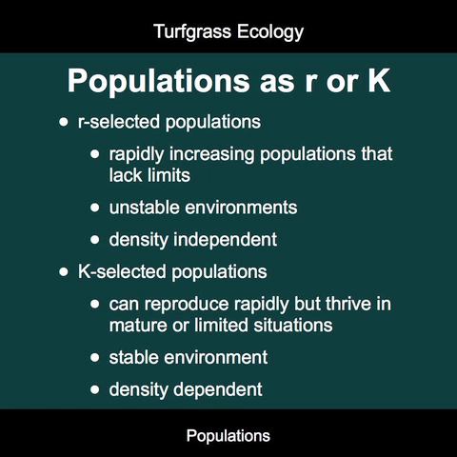We describe this as density-independent competition. K-selected populations can reproduce rapidly but thrive in mature or limited situations, which are stable environments, which in turfgrass systems would be at full cover. Interactions occur among individuals, which are described as density-dependent competition.